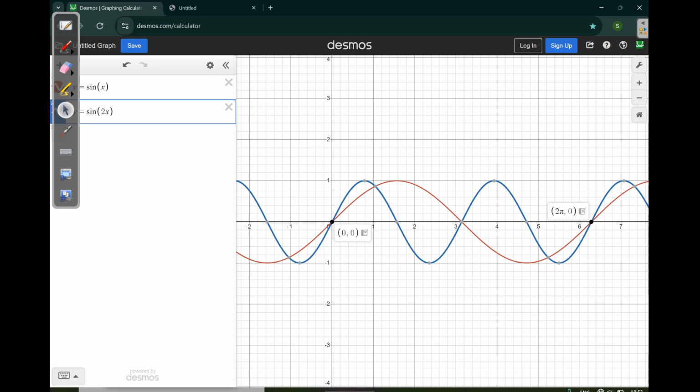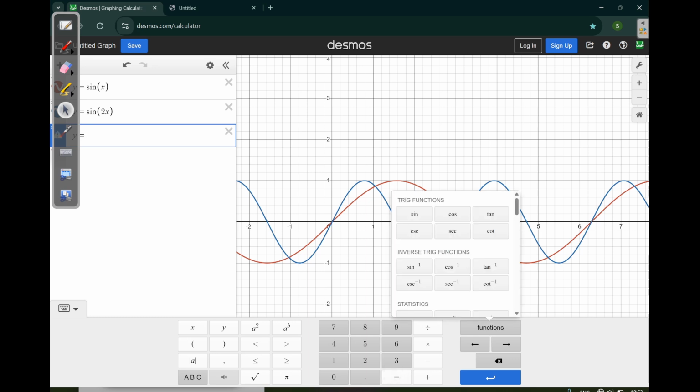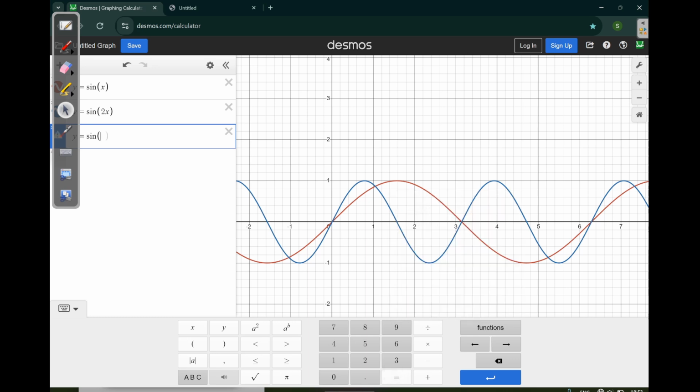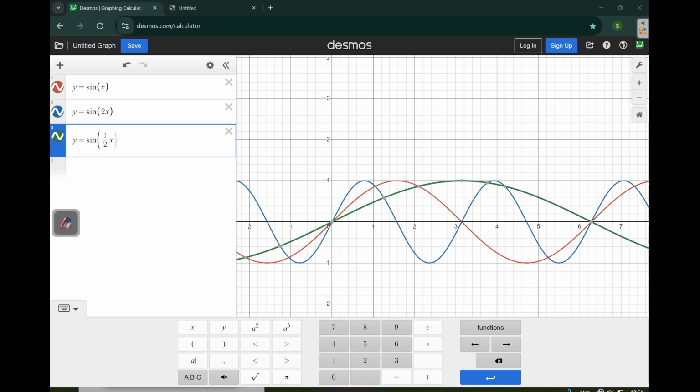Or, let us now put another one, y is equal to sine of a half of x. Now you see, this one widens.